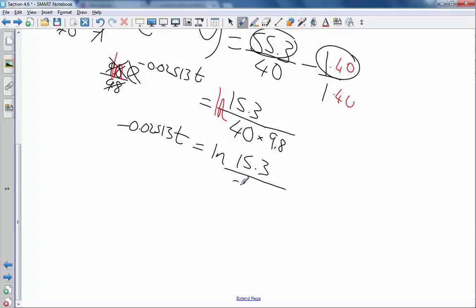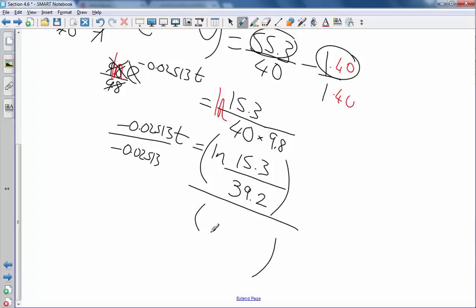So it's 39.2. And the last thing we need to do is divide both sides by the rate given. Take this in parentheses when you are dividing, put this into the calculator, and get the year.